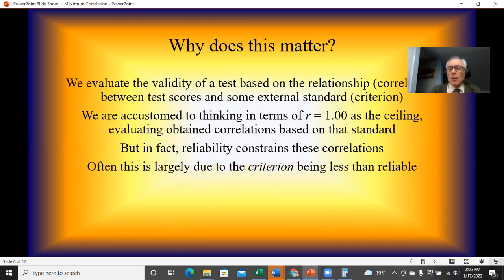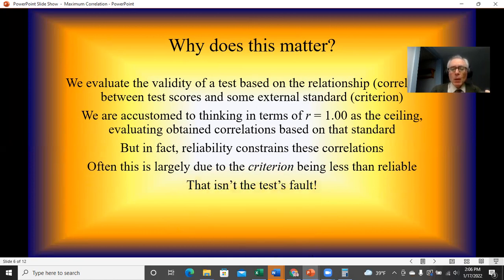So in addition, often it isn't the test we're studying that's primarily at fault here. It may very well be that the test has high enough reliability. That often is established before you even do a validity study. But the criterion, the important real world outcome, so to speak, that we're trying to get at is itself unreliable.